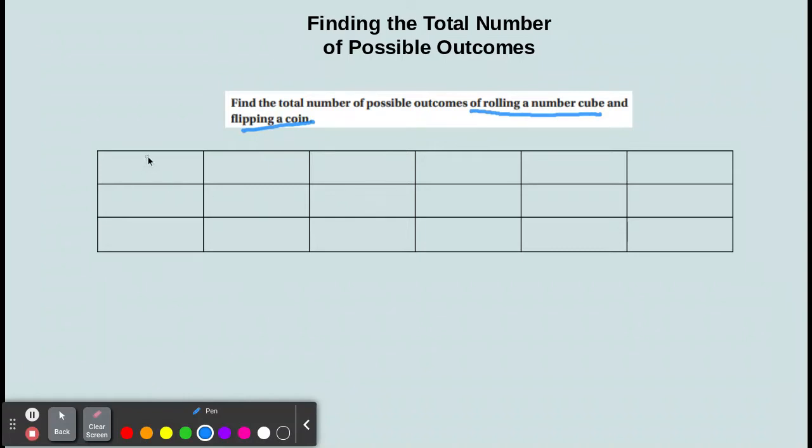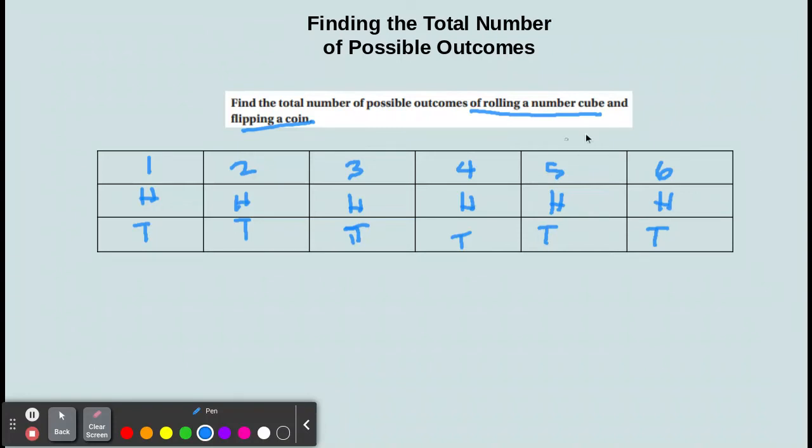So rolling a cube, we can either have a 1, a 2, a 3, a 4, a 5, or a 6. Okay, flipping a coin, we can either have what? Heads or tails, heads or tails, and it goes on.